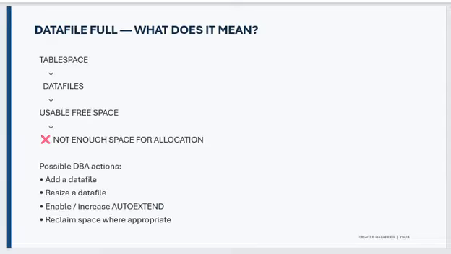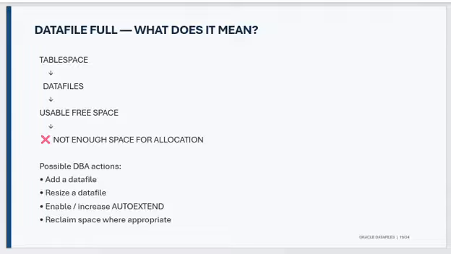Now let's discuss one more common DBA problem. Suppose we get a notification that a tablespace is full. What does that actually mean? It generally means Oracle cannot find enough usable free space in the tablespace for the requested allocation. The DBA then needs to determine why. Is the data file too small, or is autoextend disabled?